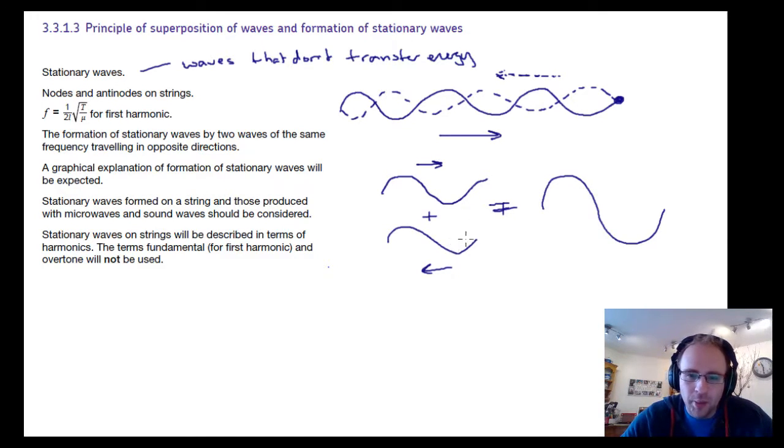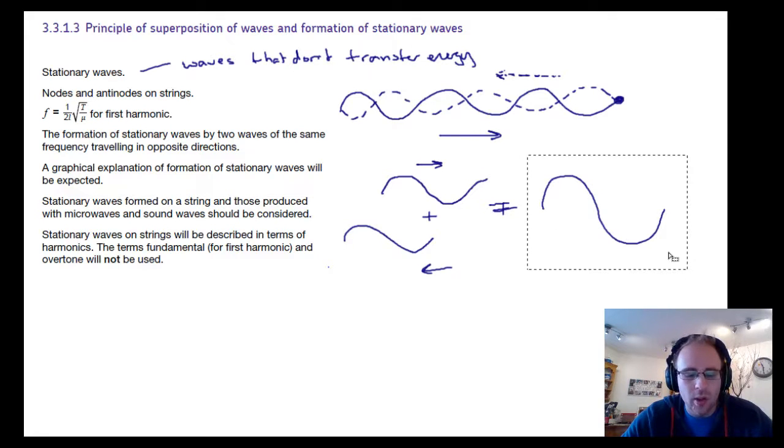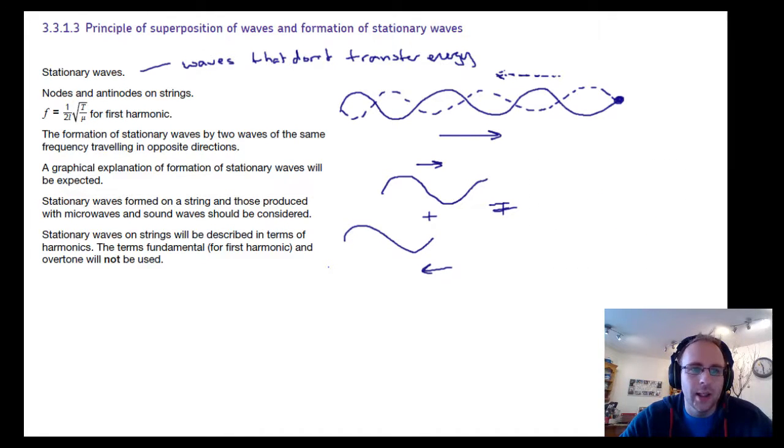As this wave moves past, they're like that, and this crest meets this trough, so this maximum displacement meets this maximum negative displacement, and when they add up we get nothing.